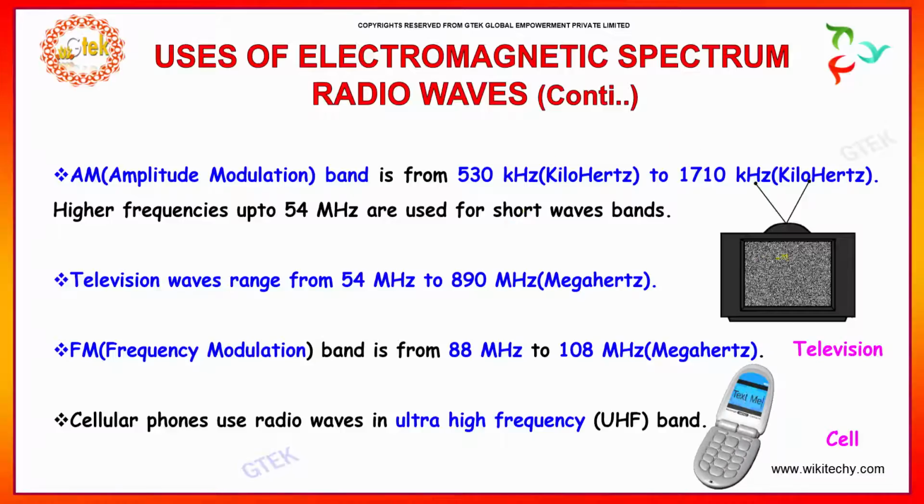The television waves range from 54 MHz to 890 MHz, whereas the frequency modulation band is from 88 MHz to 108 MHz. Cellular phones use radio waves in the ultra high frequency band.